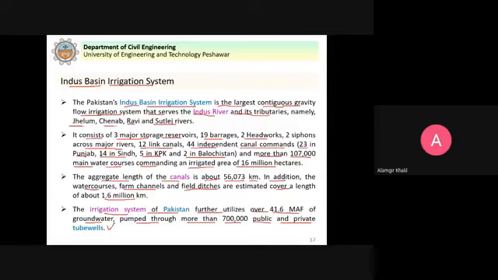So in addition to the surface water that we are using from the Indus River and its tributaries, the irrigation system additionally utilizes over 41.6 million acre feet of groundwater, pumped through more than 700,000 public and private tube wells. It means that we are supplementing the canal water with the groundwater.